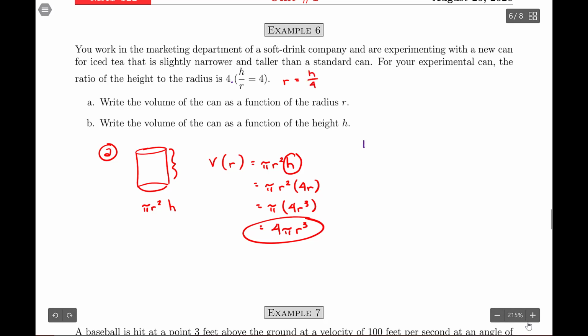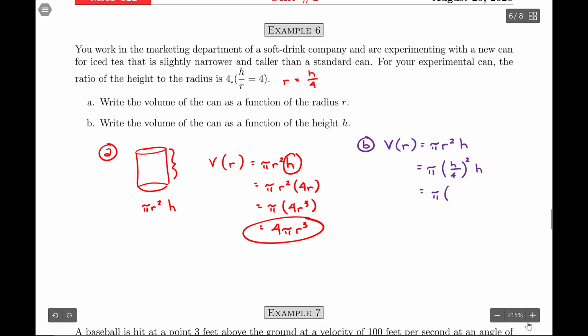So for part B, I have volume as a function of the radius, pi r squared h. We always start at the same point, but now I'm replacing r with h over 4 because I'm trying to eliminate the radius variable and rewrite this in terms of h only.